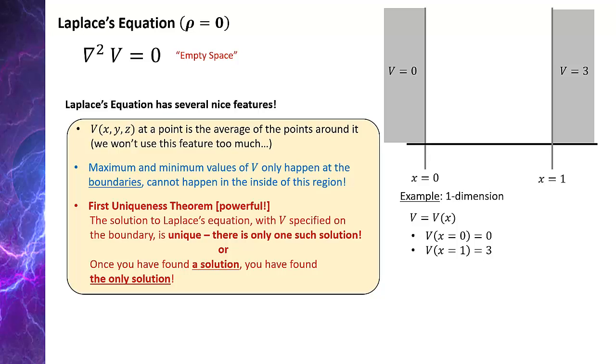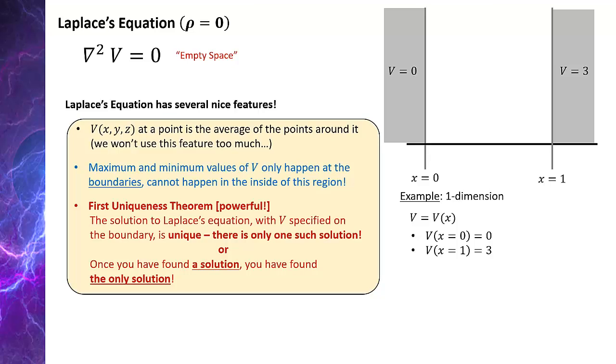In the setup I have here, imagine at x equal to 0, and to the left of that, we have a grounded conductor, so the electric potential is 0 there. At x equal to 1, I have another conductor, and that electric potential is 3 volts, for instance. I want to know how the electric potential depends on the position x between these two conductors.